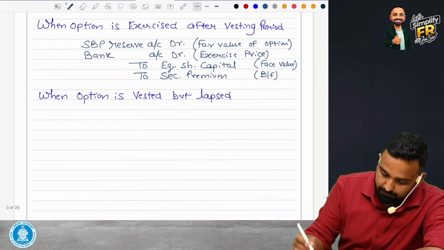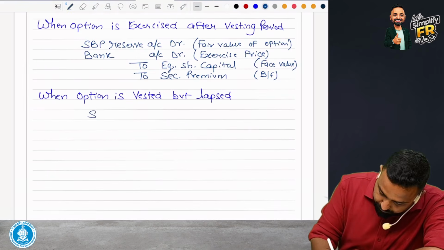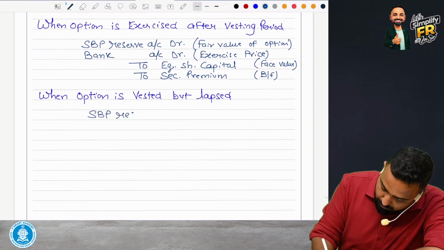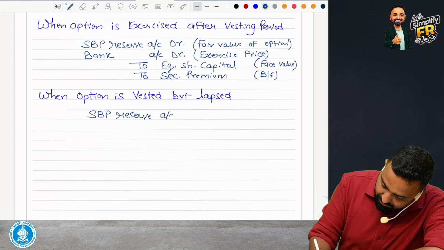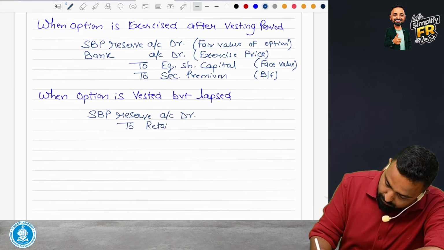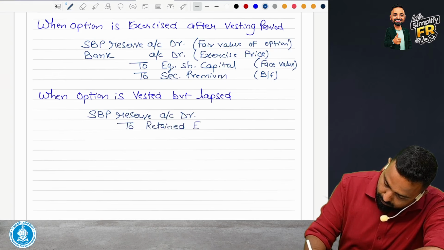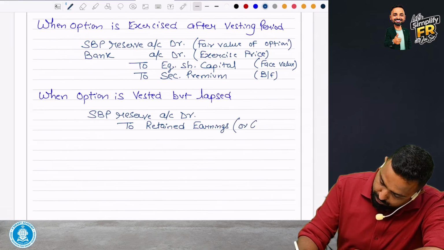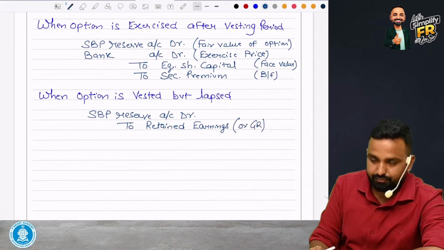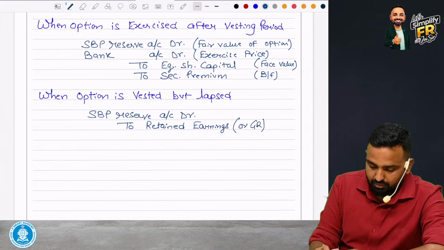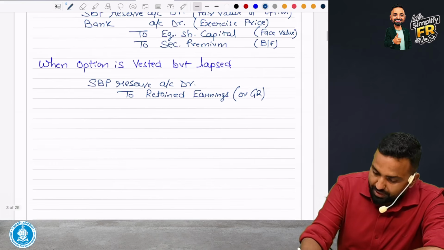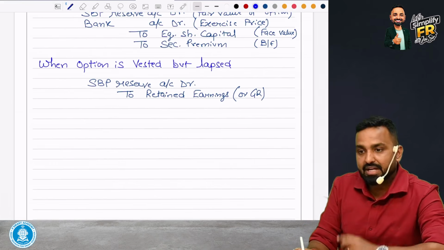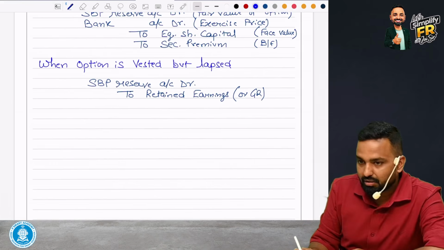What entry? SBP reserve debit to retained earnings or general reserve.